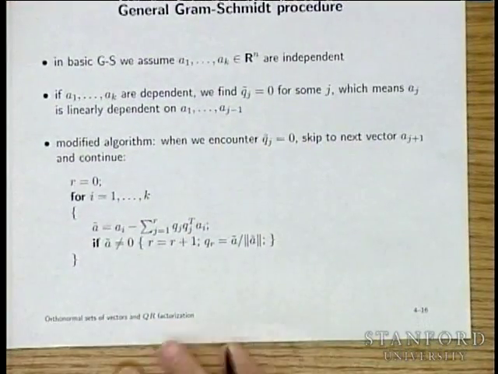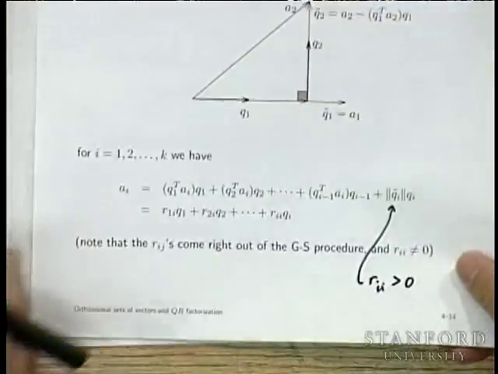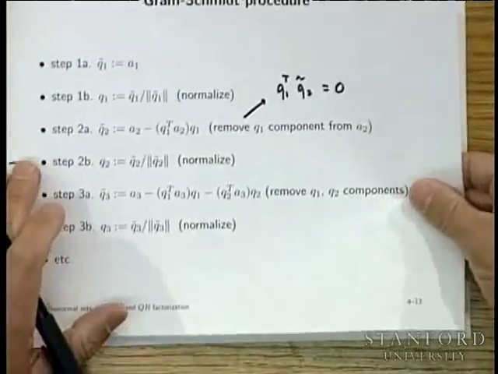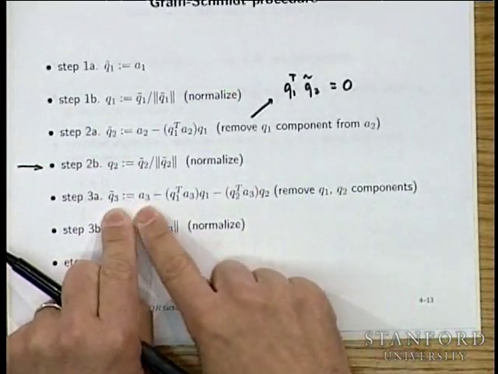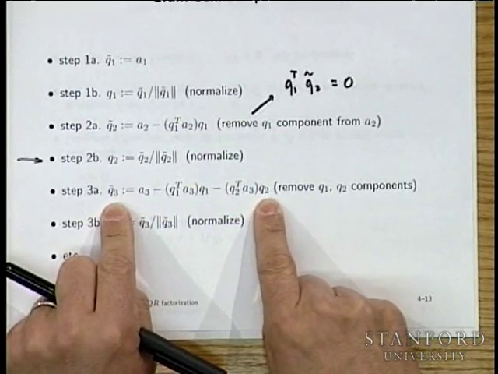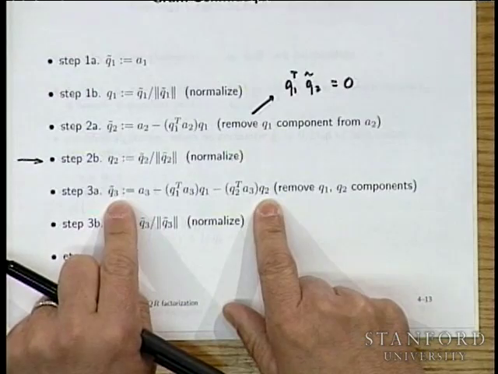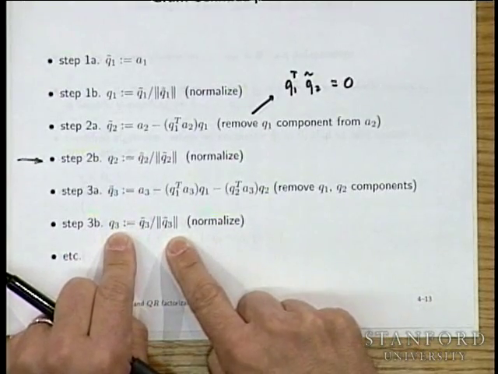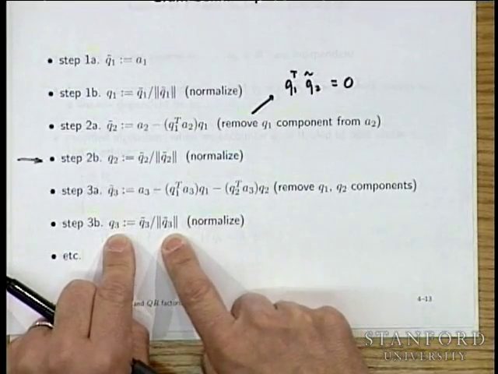It's really simple. Let's go back to the algorithm and see what we do. You do the same thing as before. For example, you remove the previous q components from the current vector. Now you attempt to normalize. The only thing that can fail here is that q3 tilde can be 0.